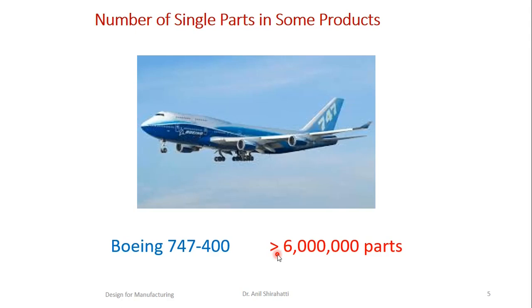That is where design for manufacturing knowledge comes in. Some parts may be manufactured by casting, some may be pure machining, some may be die casting. Some may be metal, some may be plastic, some may be foam. All of them should get fitted to form the complete final product.